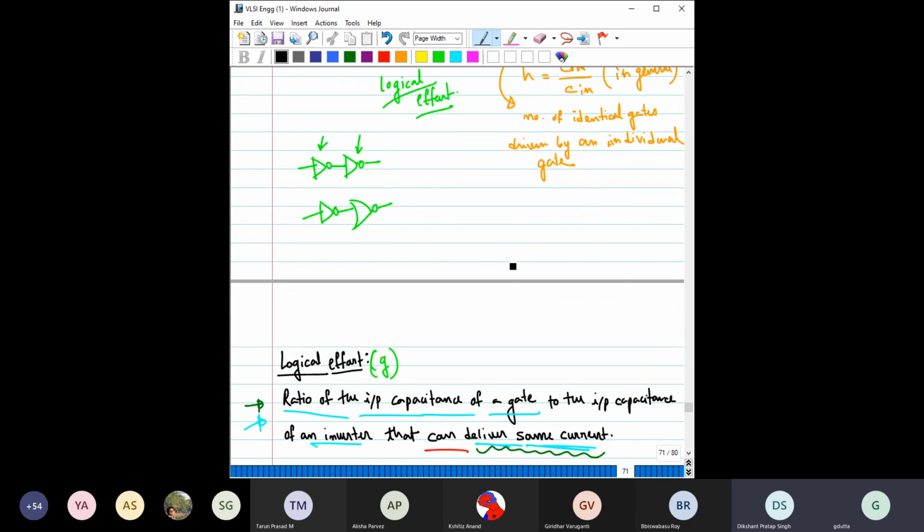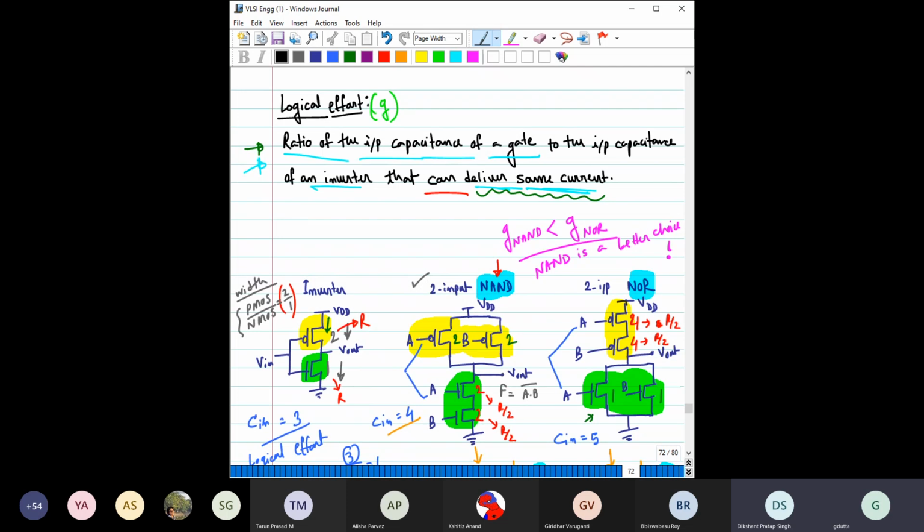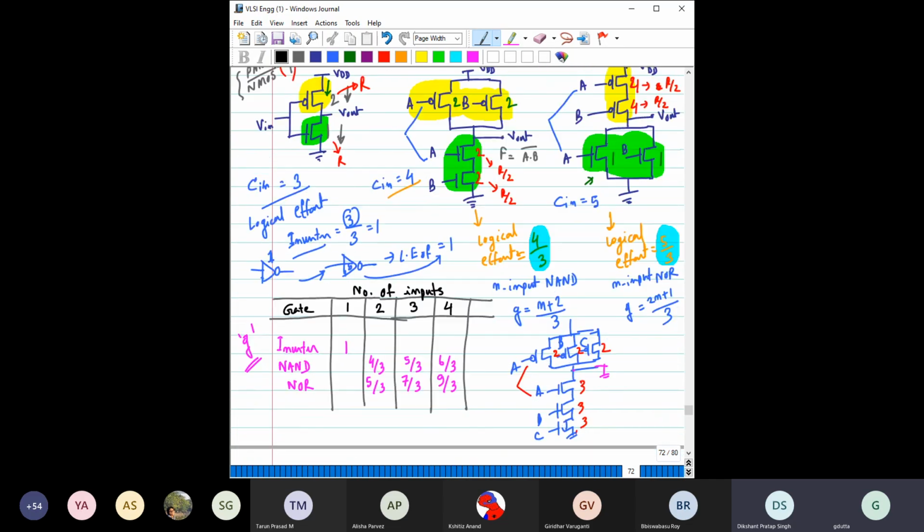While discussing the logical effort, we discussed how to find it and what the logical effort should be for commonly used digital gates.